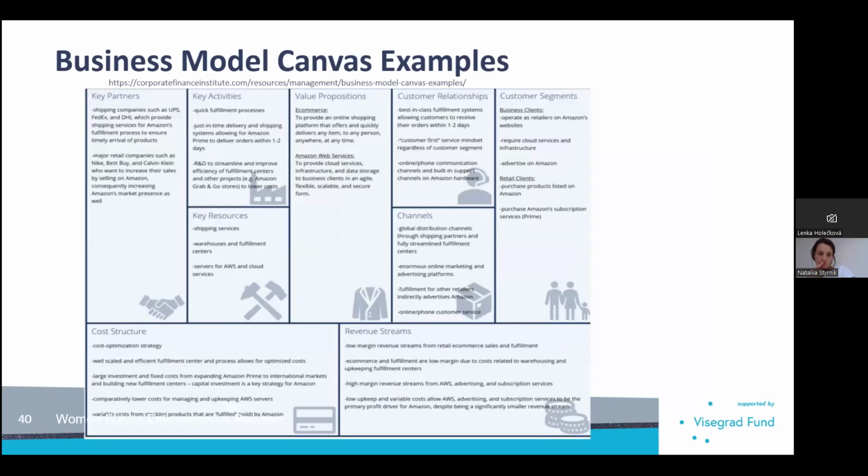I have here also the example regarding a concrete business model canvas. So you can be inspired by this presentation because it is available in Moodle for you, so you can be inspired with it.